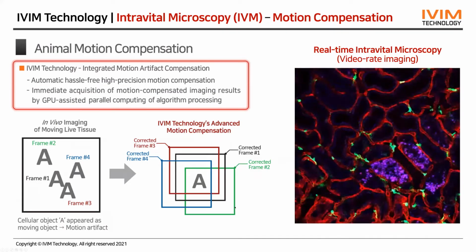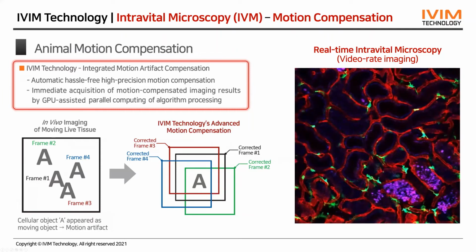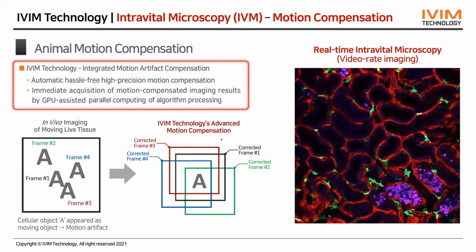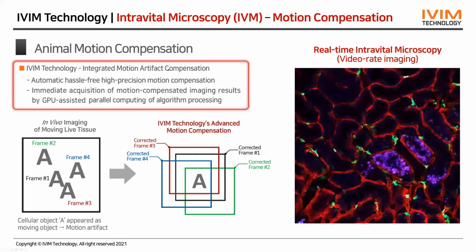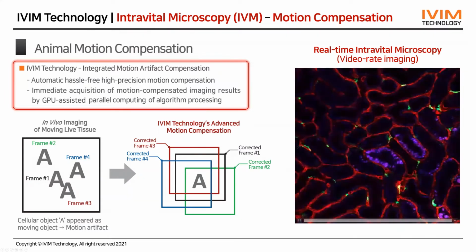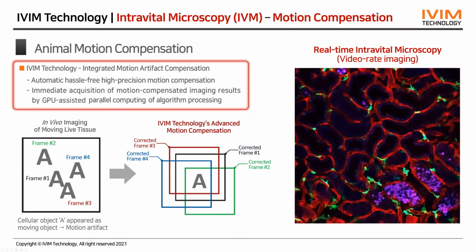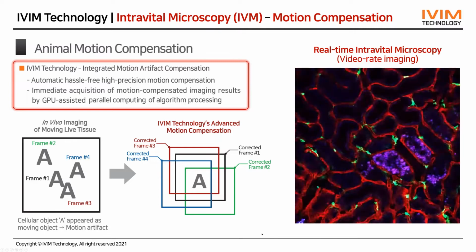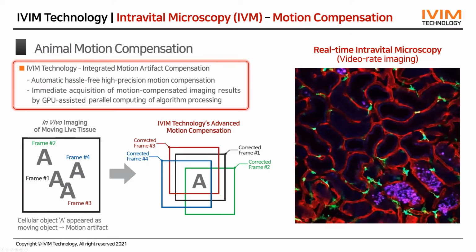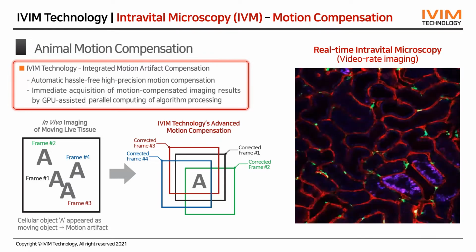And then another unique feature of the IVIM Technology's IntraVital Microscopy system is automatic motion artifact compensation functions. In real situations, when you look at the internal organ, we always see this kind of motion because of the breathing and the heart beating.